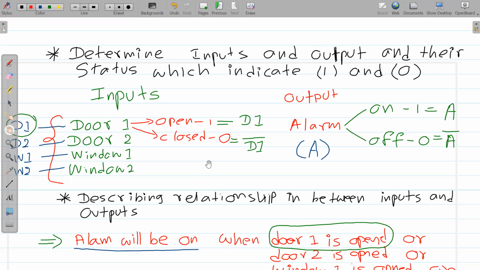To create the circuit, following steps need to be followed.